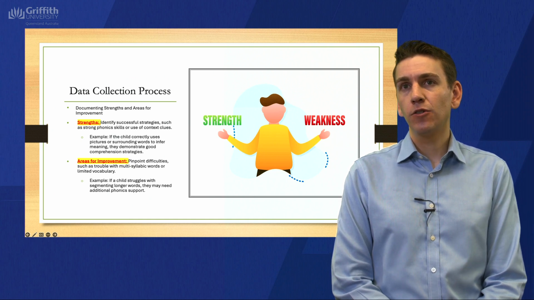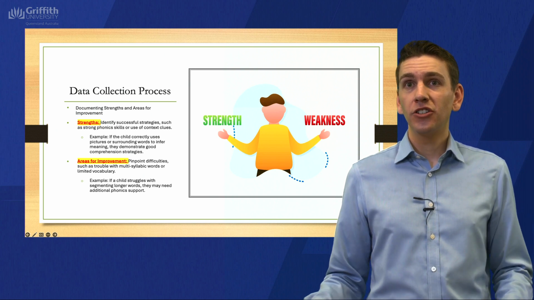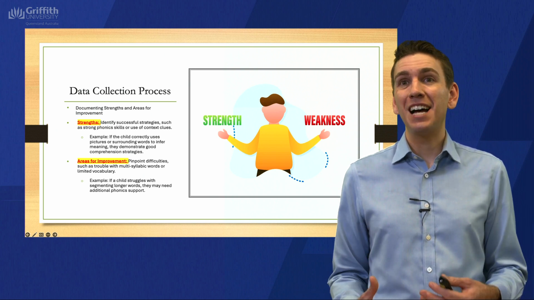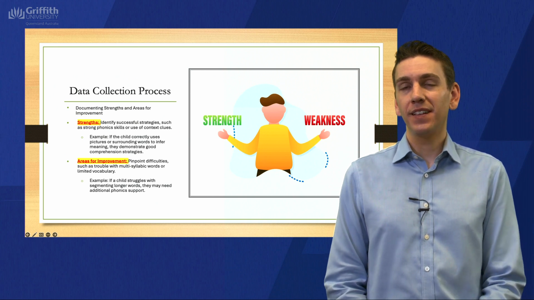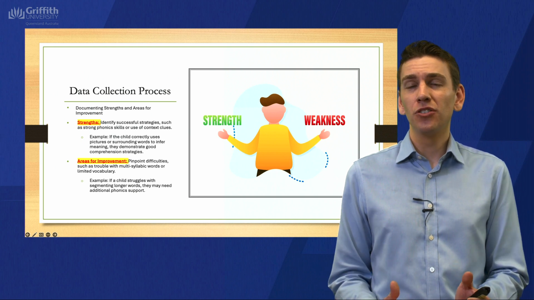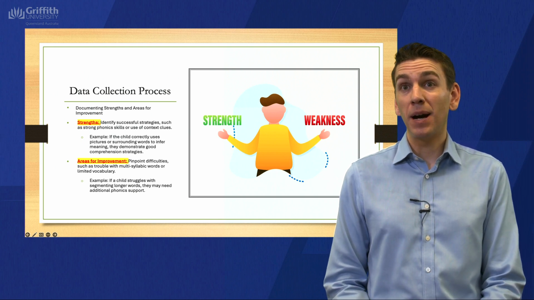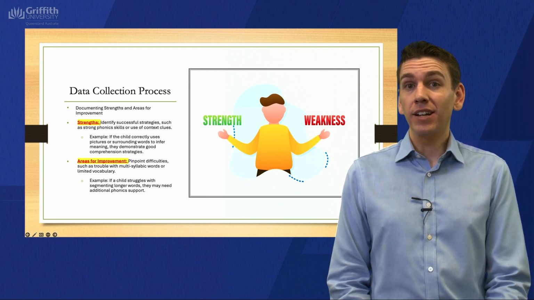I know you're only there for a limited time on your placement, but in the real world, you'd have them all year. So you're seeing what they can do and then what they can't do yet, and then you embed that support. Hence why I think this assessment is quite authentic, because it captures what you will be doing as part of your job as a teacher there as well. So, strengths. Start by noting what you see.